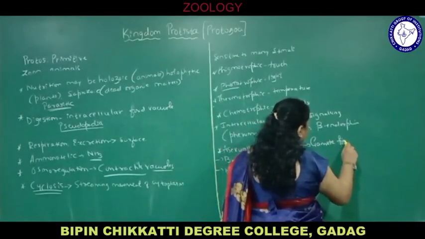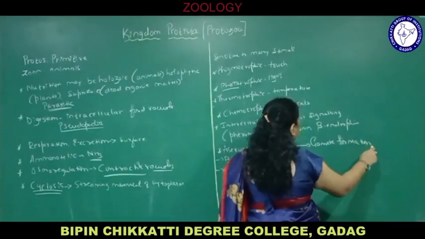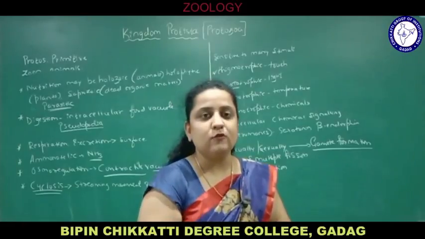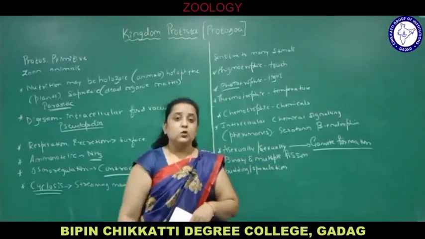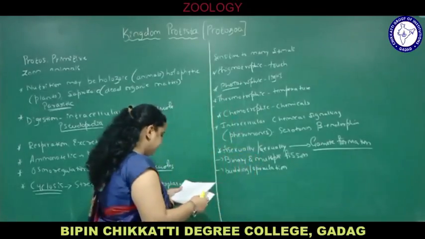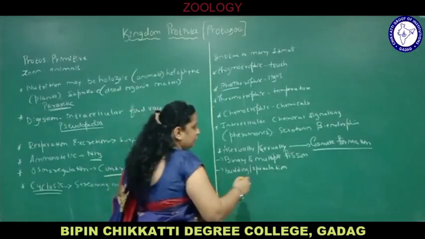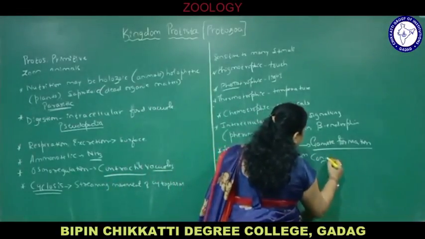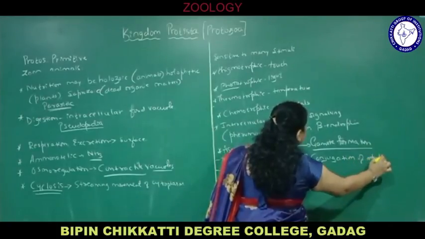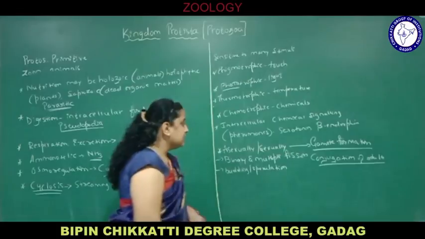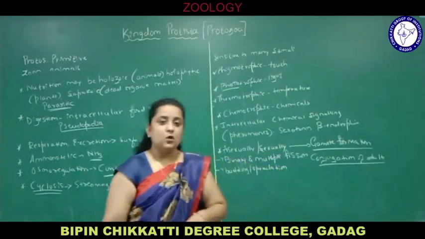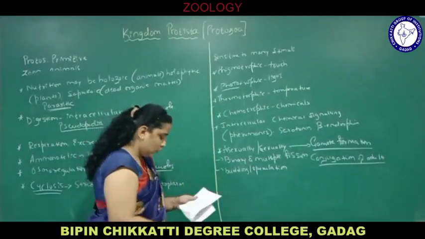The process of gamete formation is called gametogenesis. You already know gametogenesis is the process of formation of gametes in the gonads. There are two types of gametogenesis, spermatogenesis and oogenesis. And conjugation of adults. These two methods come under the sexual mode of reproduction. Conjugation means coming close together of the adults and how they reproduce or produce the young ones.